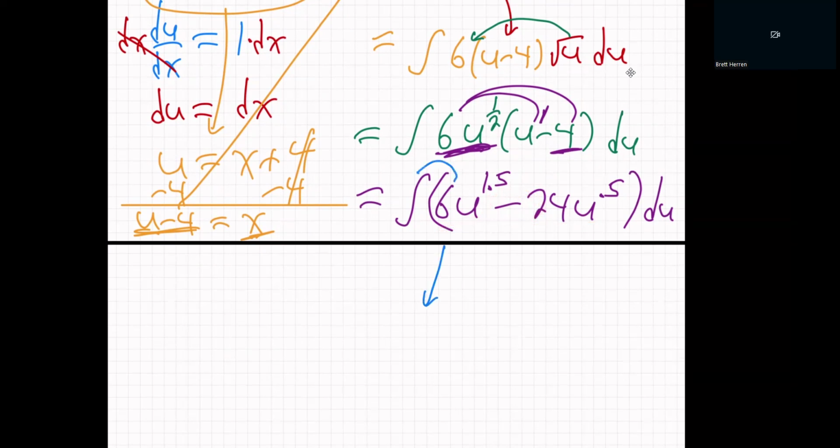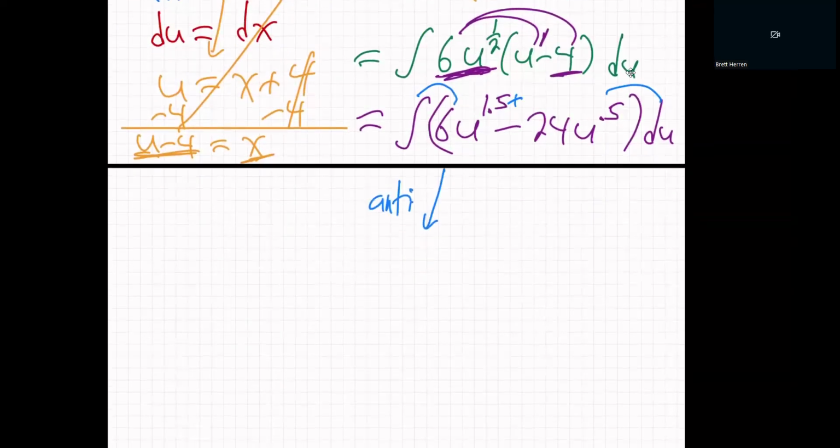So the integral and the du, those operators are going to do their operation. We're going to do the antiderivative. So let's add 1 to the power. That'll become 2.5, and then this is 6 over 2.5. We'll divide by that. That's how we do the antiderivative. And same thing here, the antiderivative of this guy, minus.